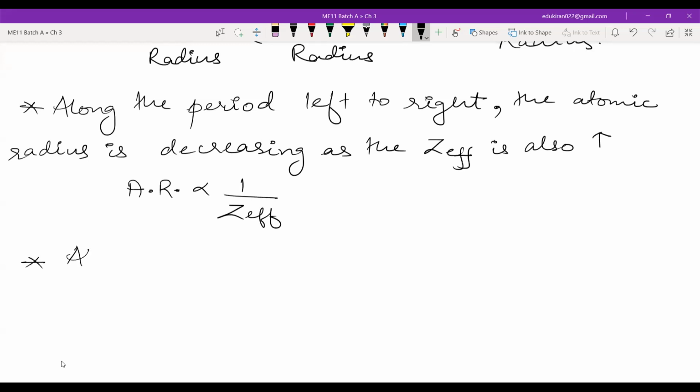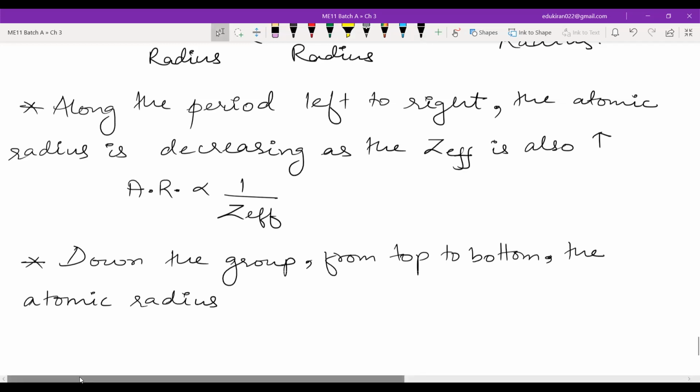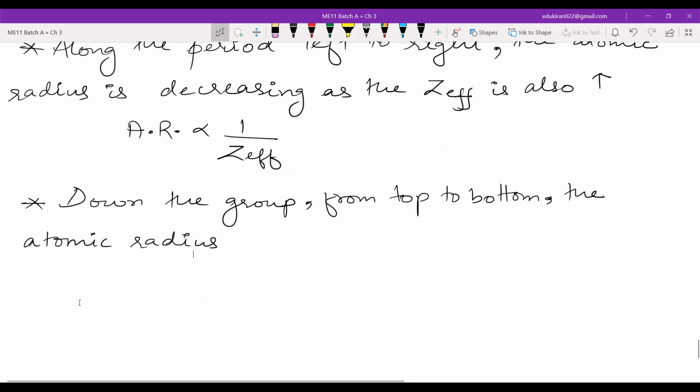Now, down the group, from top to bottom, will the atomic radius increase or decrease? The number of shells is increasing. Second period means second shell, third period means third shell, right?